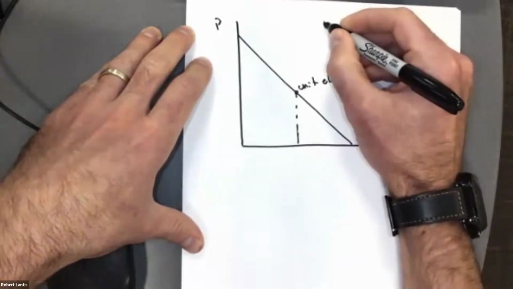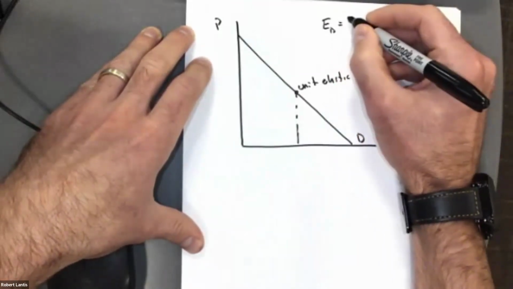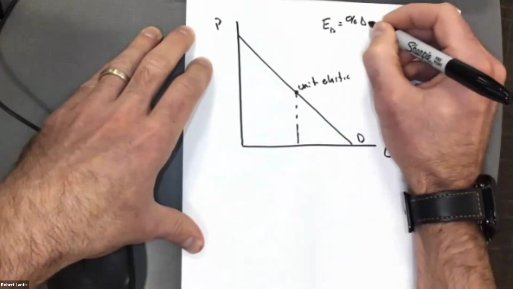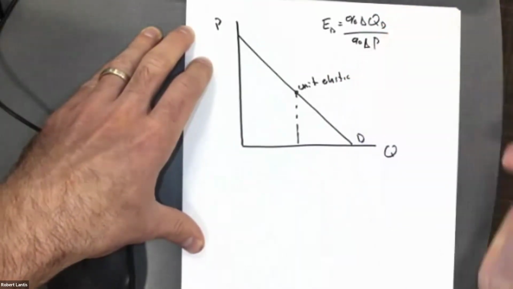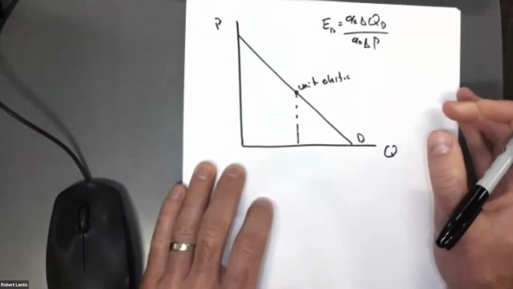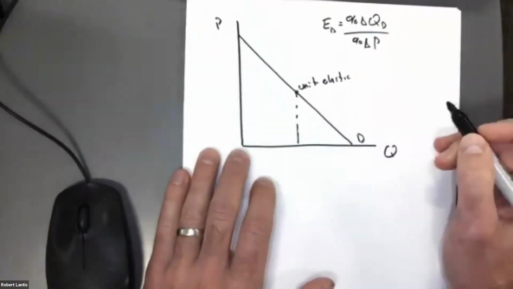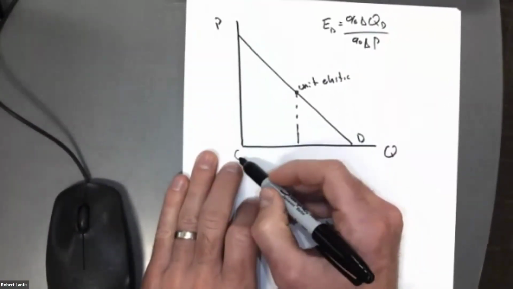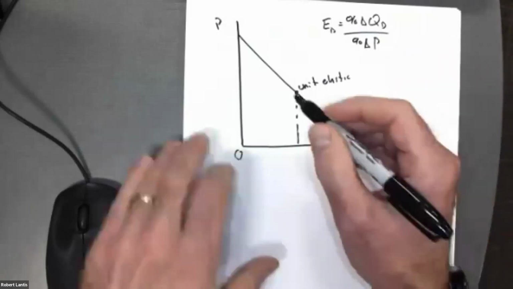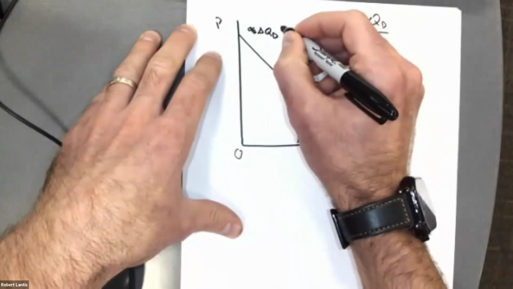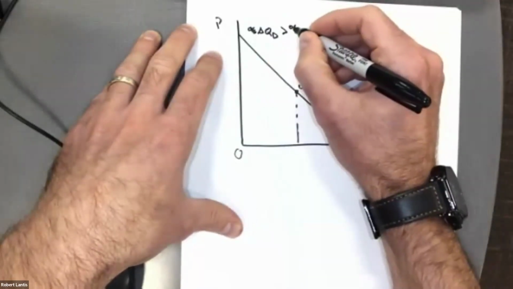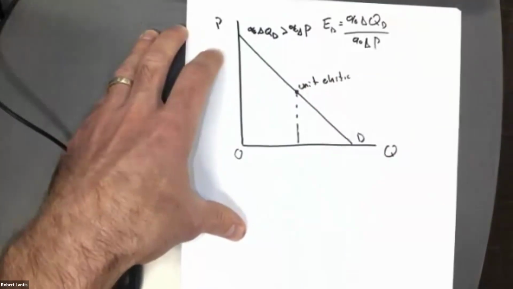The elasticity of demand is the percent change in quantity demanded coming from a percentage change in price. Initially, with low quantity values, in this range, the percentage change in my quantity demanded is going to be much larger than the percentage change in the price.